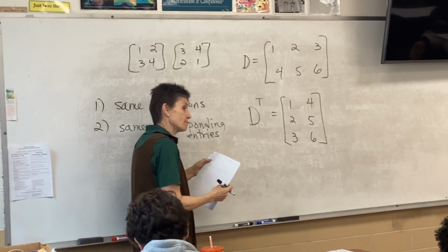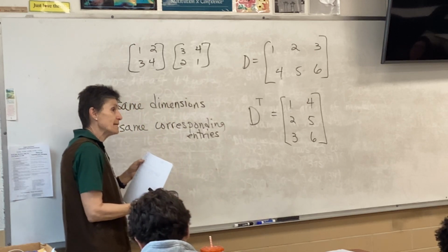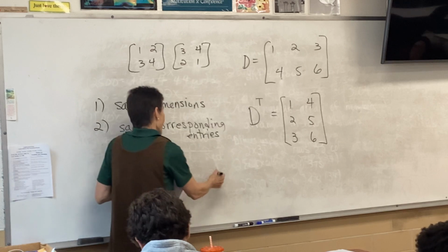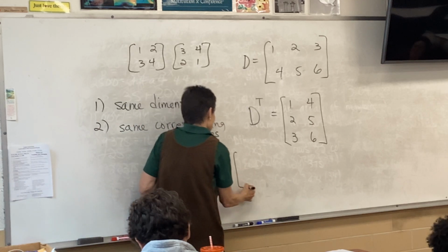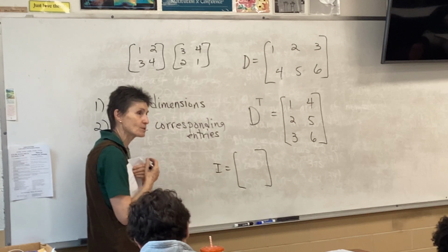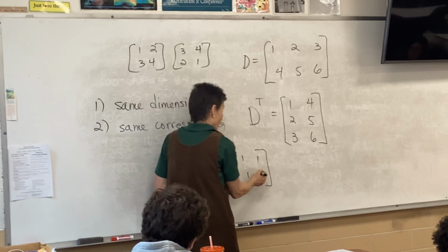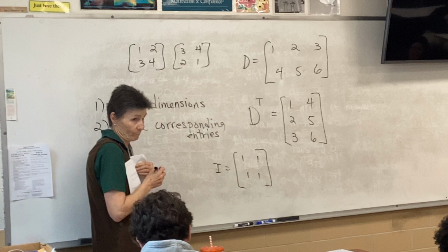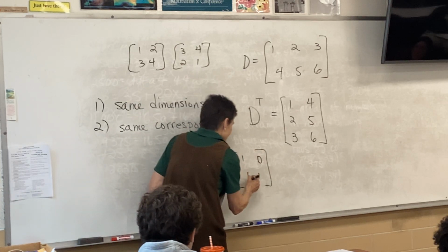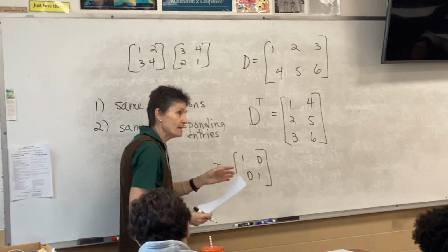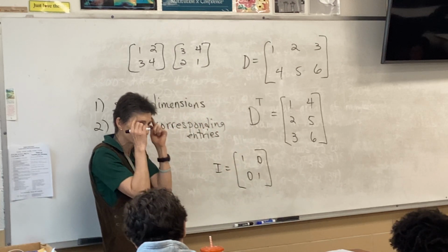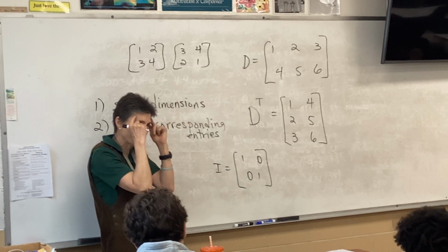Identity matrix. Well, identities only exist for squares. So we could have a 2 by 2 identity. Any guesses what numbers are in there? We'll do 2 by 2 first. You say 1, 1, 1, 1? No. It's 1, 0, and 0, 1. Now, before you say anything, I want you to think back to vector land.